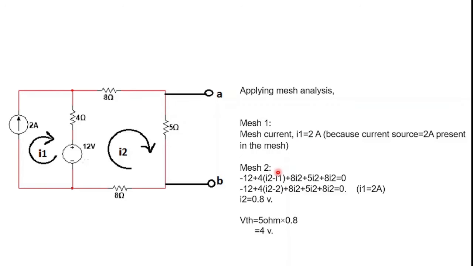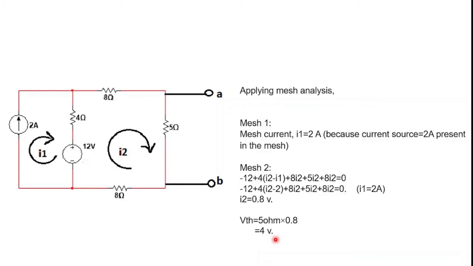If we put the value in this equation and solve it, we will get the current I2 equals 0.8 ampere. Sorry, I made a mistake before, it will be 0.8 ampere. So this 0.8 ampere is flowing through this 5 ohm resistor, and we can easily find the Thevenin voltage. The Thevenin voltage will be equal to the voltage across this resistor, and that is 5 ohm times 0.8 ampere. So it will be 4 volt.